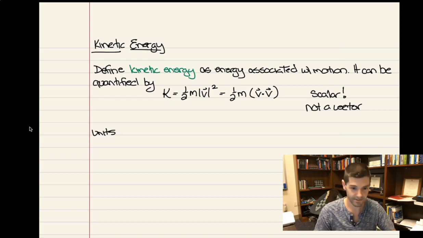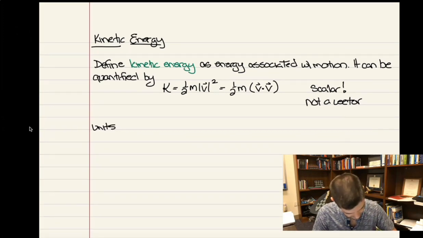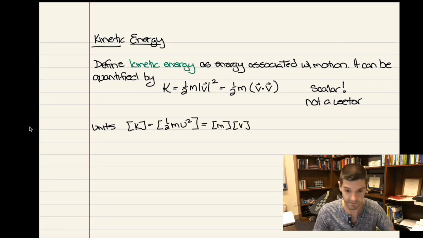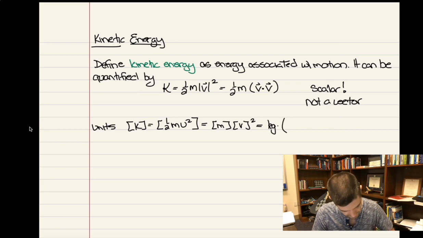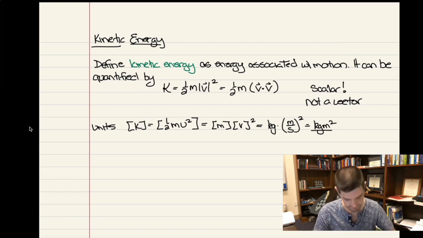The units of energy, so the units of K, is the unit of 1/2 mv squared. 1/2 doesn't have a unit, so it's the unit of mass times the unit of velocity squared. In MKS units, that's kilogram, meters per second all squared, or kilogram meters squared per second squared.